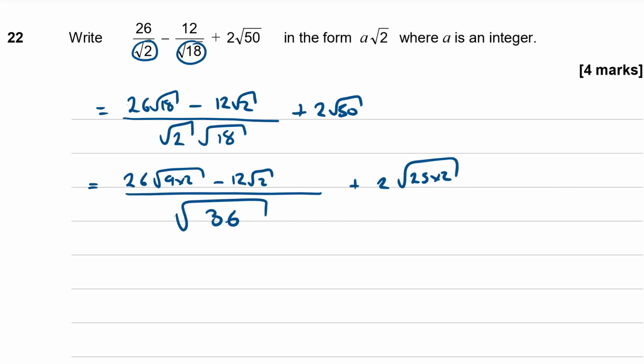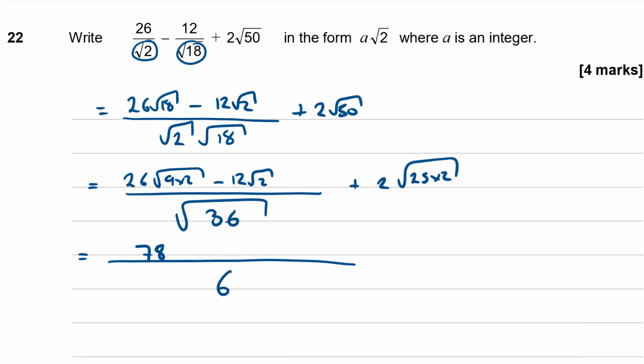Okay, now what can we do? Well, our denominator, root 36, is going to simplify down to 6 because the square root of 36 is 6. Now, breaking up this root 9 times 2, the square root of 9 is 3. And the square root of 2 is just the square root of 2, but I can bring the 3 out, can't I? So that's going to give me 3 lots of 26. 3 lots of 26 is 26, 52, 78.